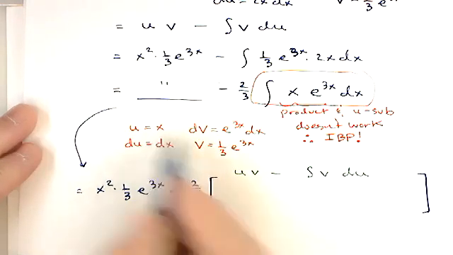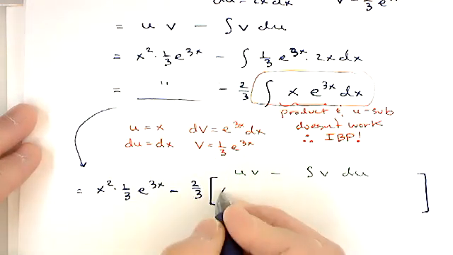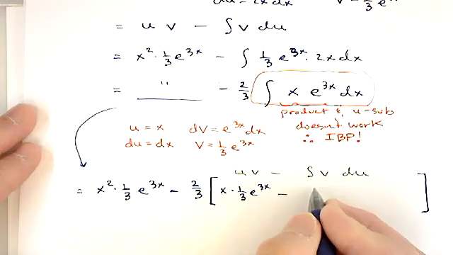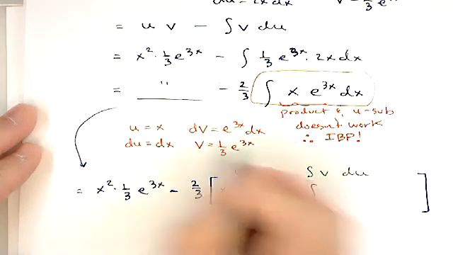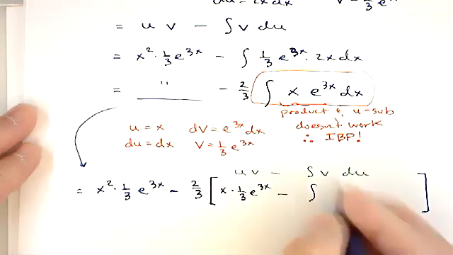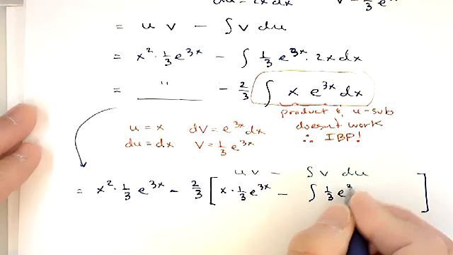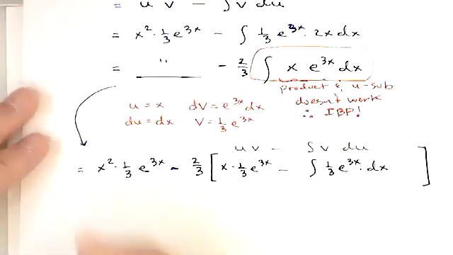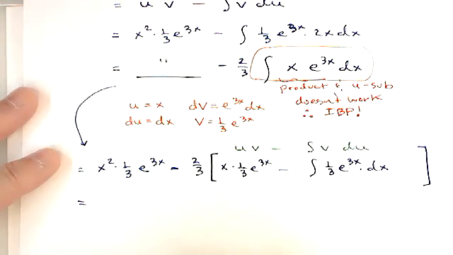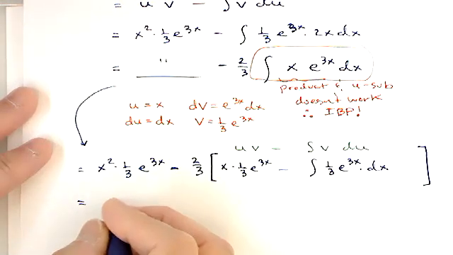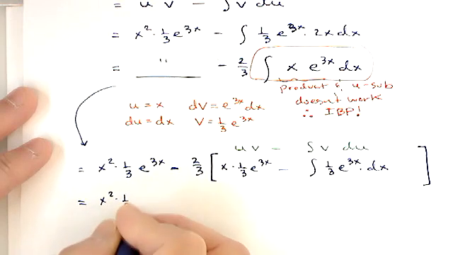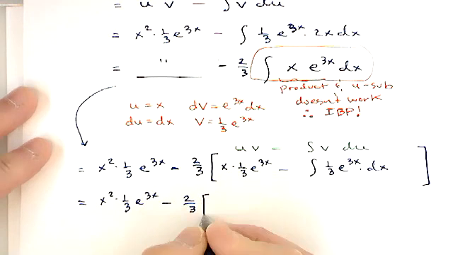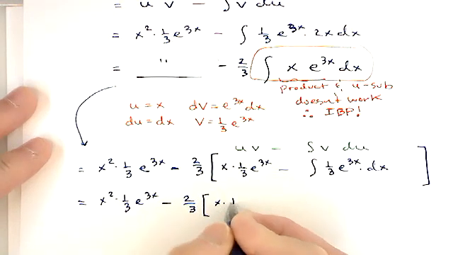So here we go, uv, so x times 1/3 e to the 3x, minus the integral of v du, 1/3 e to the 3x times dx. Let's just leave everything factored out for now.